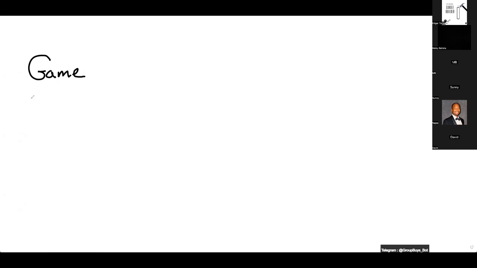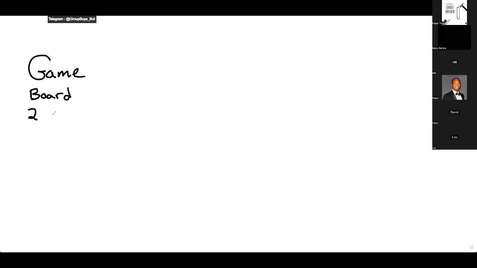Chess is played on a board. Chess has two sides or two players. In traditional chess pieces, they have the black and white pieces. In boxing, they have the red and blue corner. You see what I'm saying?